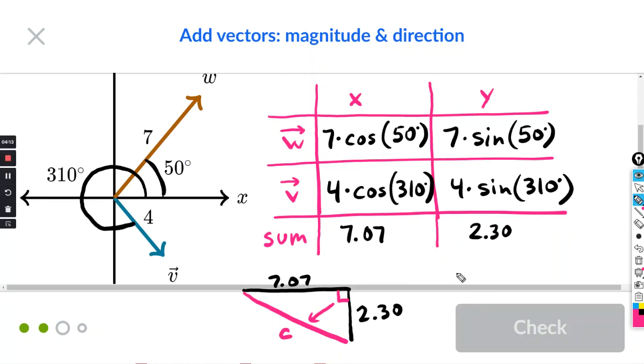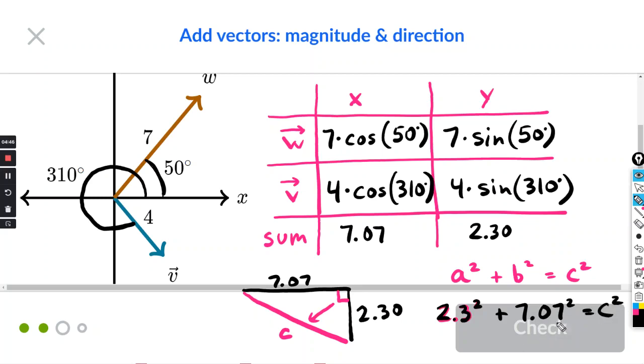And we're going to use Pythagorean theorem. a squared plus b squared equals c squared. Okay, so we have 2.3 squared plus 7.07 squared equals c squared.